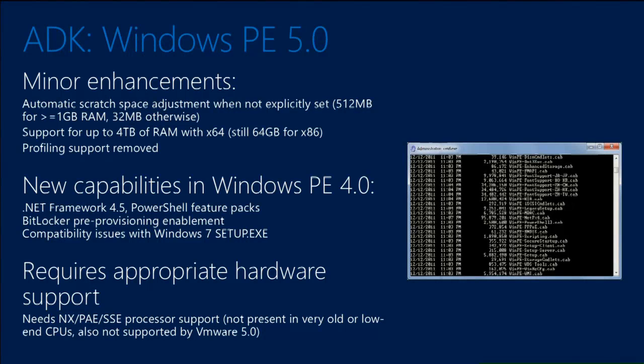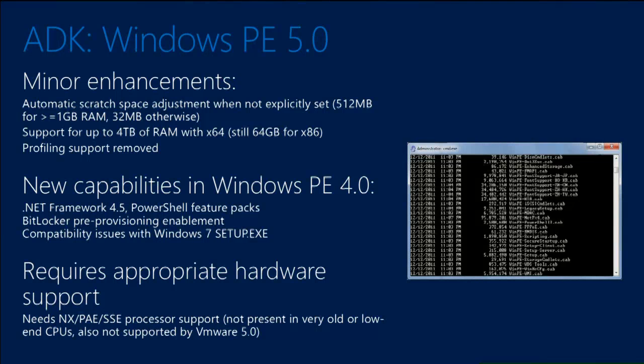There was a feature added in the previous version of Windows PE to allow you to profile Windows PE and then remove all the components that weren't loaded. So you could shrink down your Windows PE image by stripping out everything that wasn't used during a boot process. Well, they discovered that almost no one ever used that functionality, so why continue to support it? They removed it.